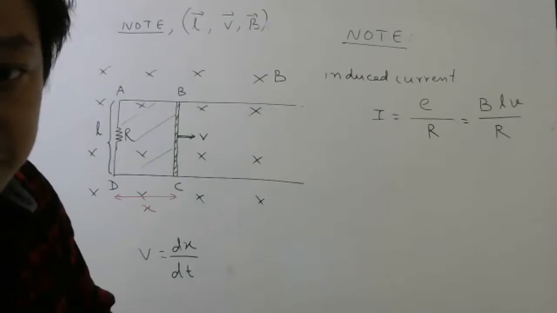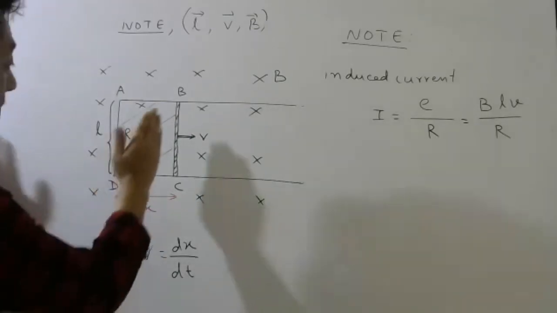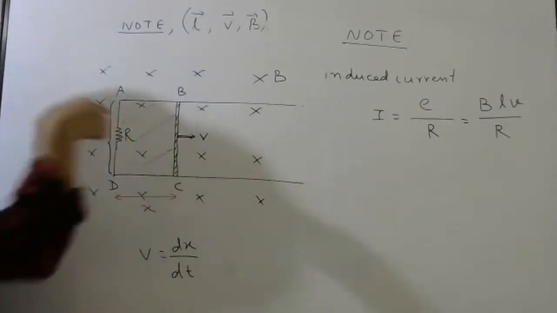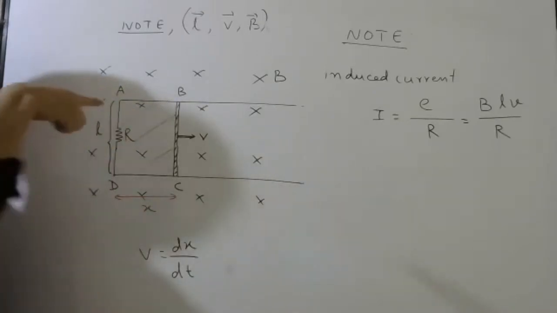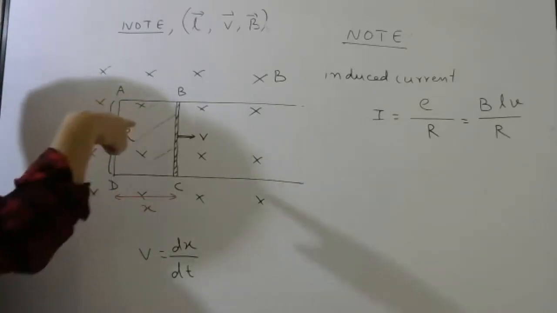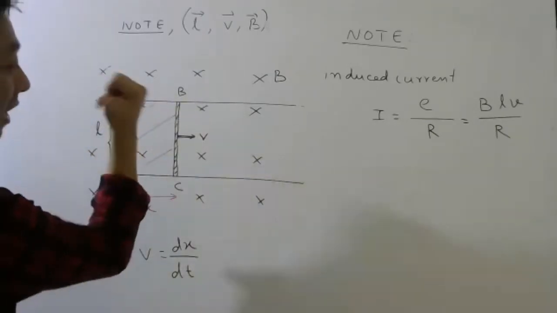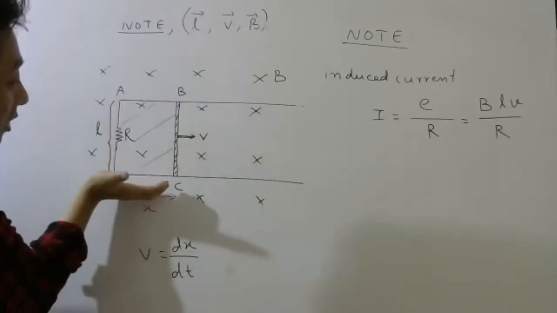Check the area. Flux is magnetic field into area, increasing. So which flux is increasing? This flux is increasing because the magnetic field is inside. So if this flux is increasing, to oppose it I need to create this kind of induced magnetic field. So current must flow this way.